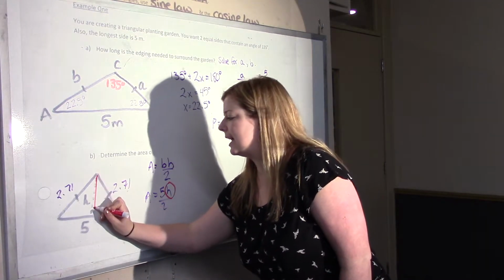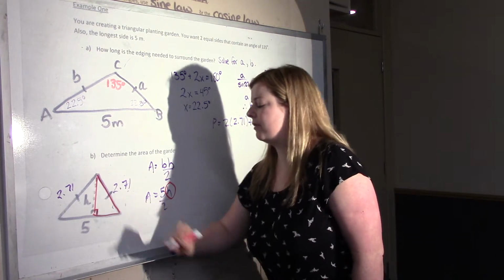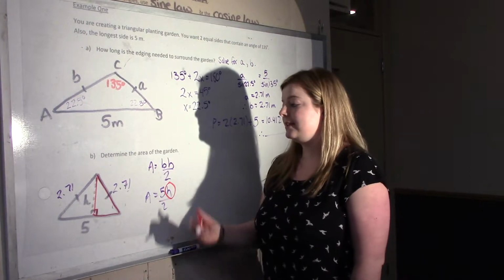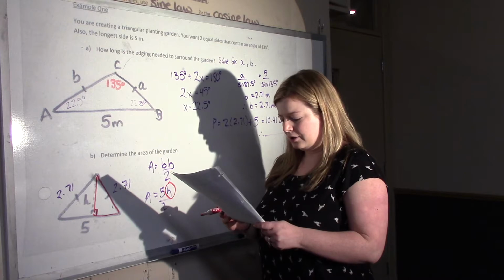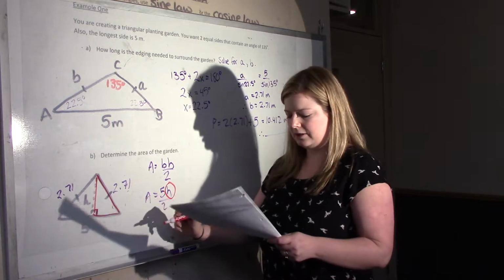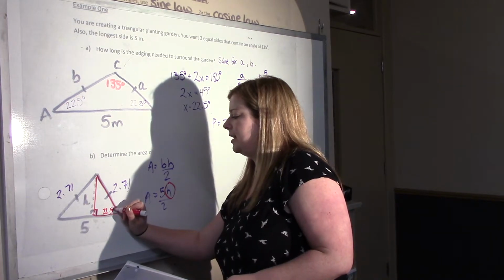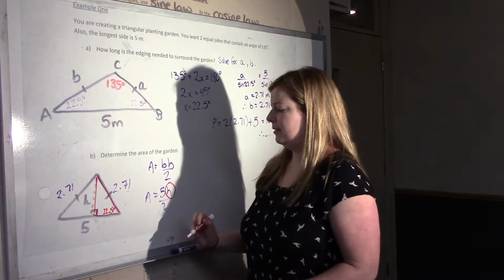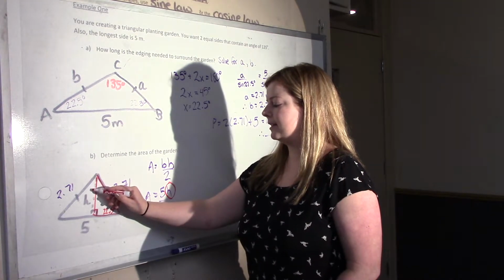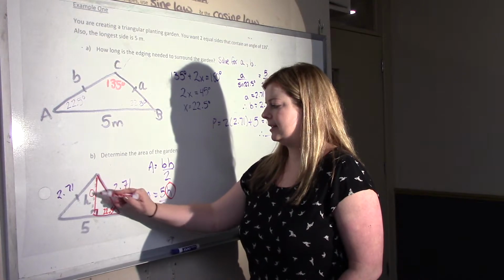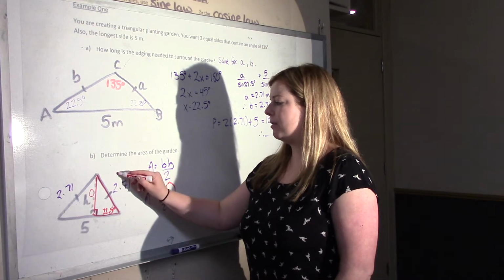If you look at this as half a triangle, it creates a right triangle. That's useful because now we can use either SOHCAHTOA or the Pythagorean theorem. You know that this angle is 22.5 degrees. I want to know the height, which is the opposite of the known angle, and I'm given the hypotenuse.